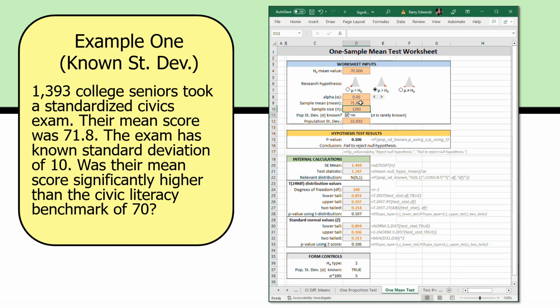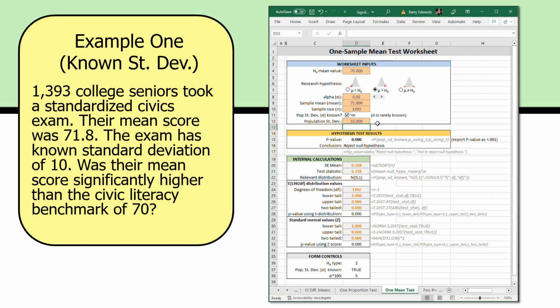1,393 students. Now this is the part of the worksheet I was foreshadowing. Population standard deviation known: Yes is checked, and that's appropriate because the problem says the exam has a known standard deviation of 10. So I can check yes that it's known, and enter the population standard deviation, which is 10.